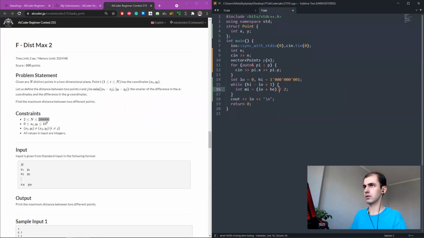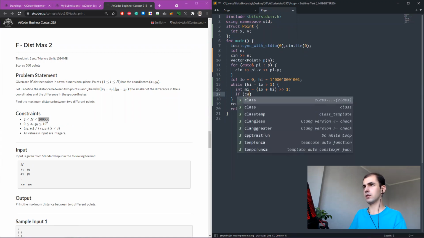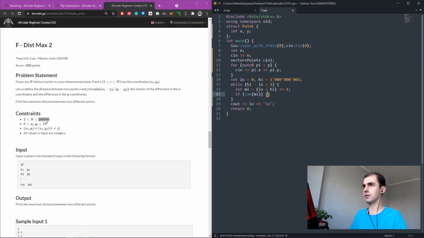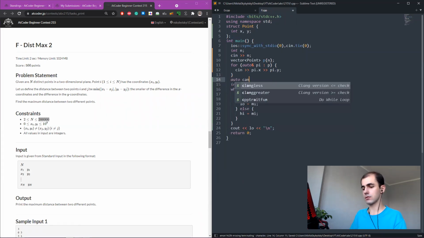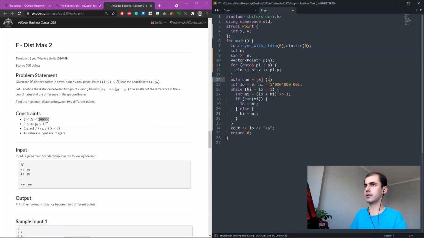So if can(middle), if middle is possible, then low gets middle, otherwise high gets middle. Now we have to define function can, our predicate to binary search on.